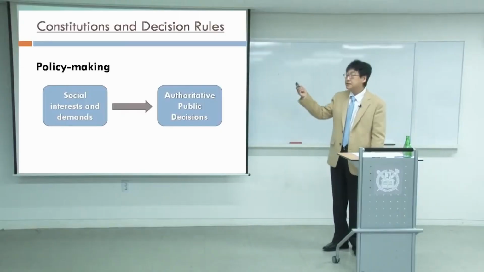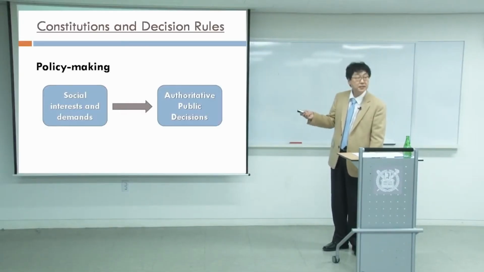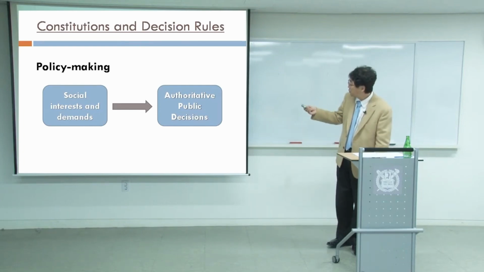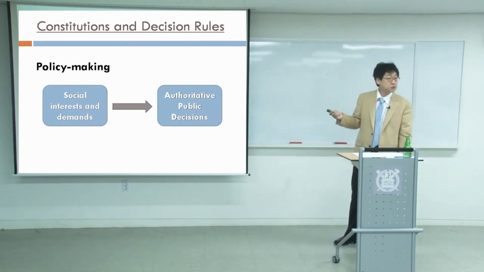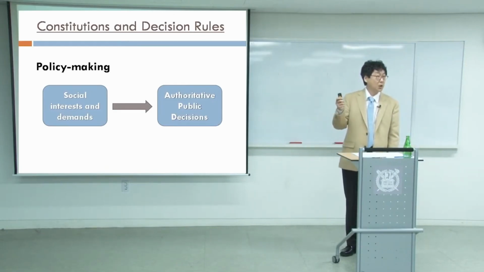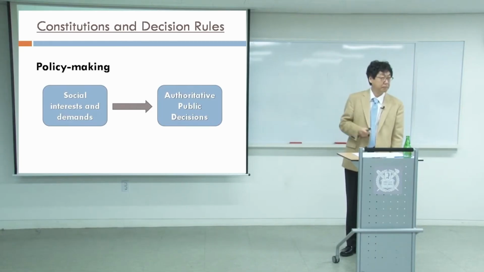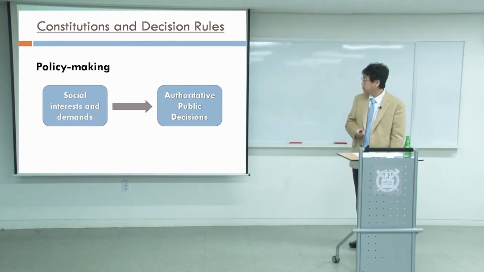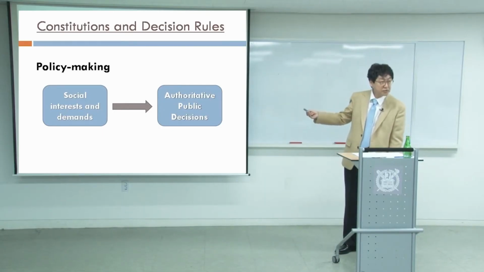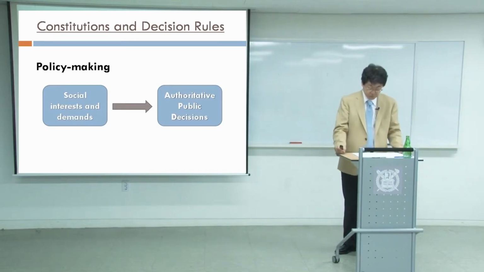We call this process policy making. So turn social interests and demands, what people articulated, into authoritative public decisions. As you remember, political decisions are 1, public, 2, authoritative, right? And these decisions become policies or laws.